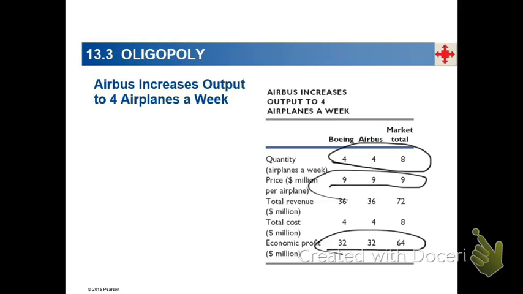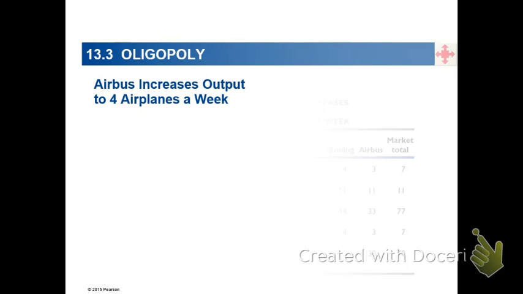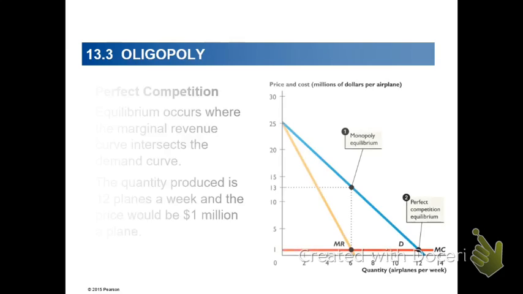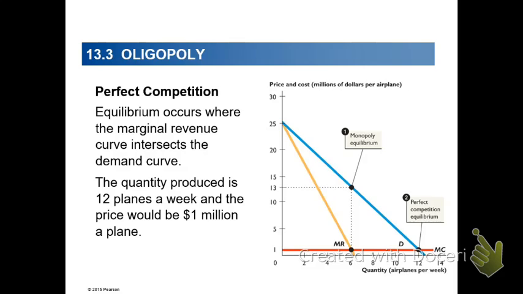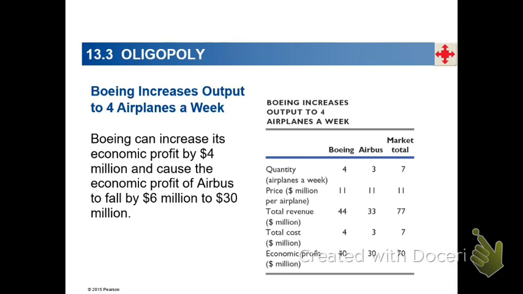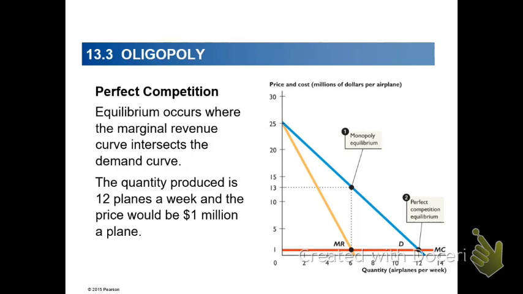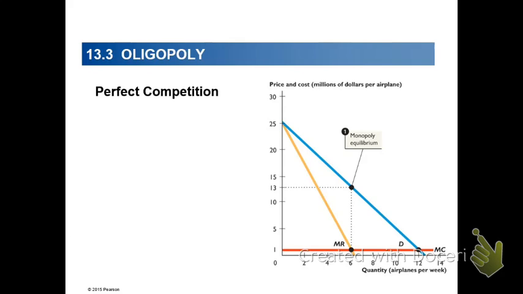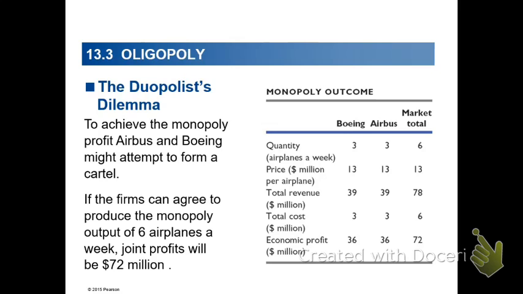So if we want to compare, this is a situation where both Airbus and Boeing cheated, and when they were not cheating, both of them were producing according to their agreed upon quantity, 3 and 3. Their profits were 36 million and 36 million.